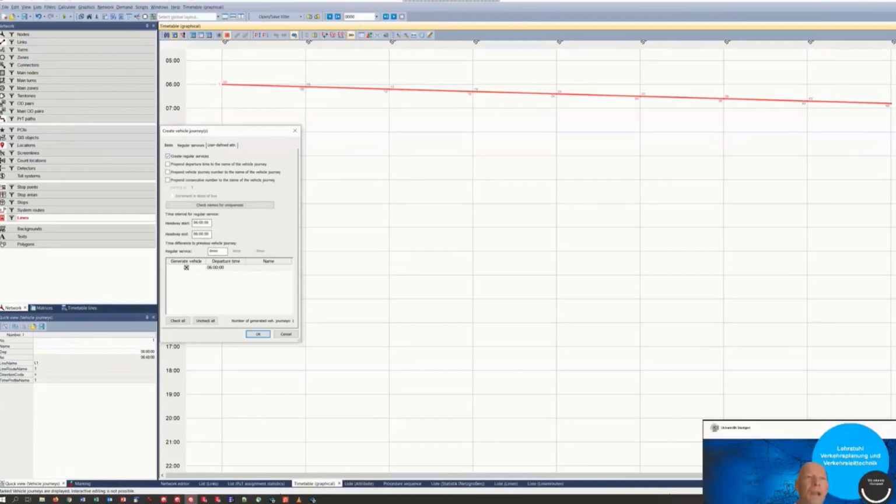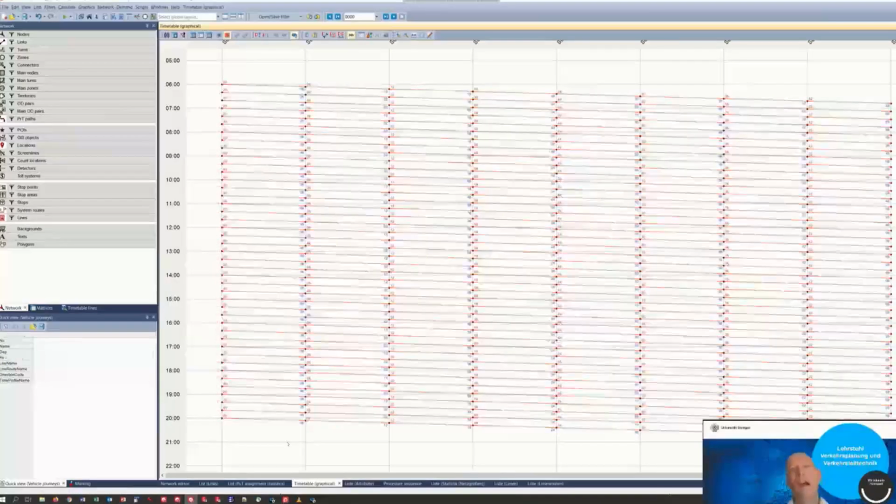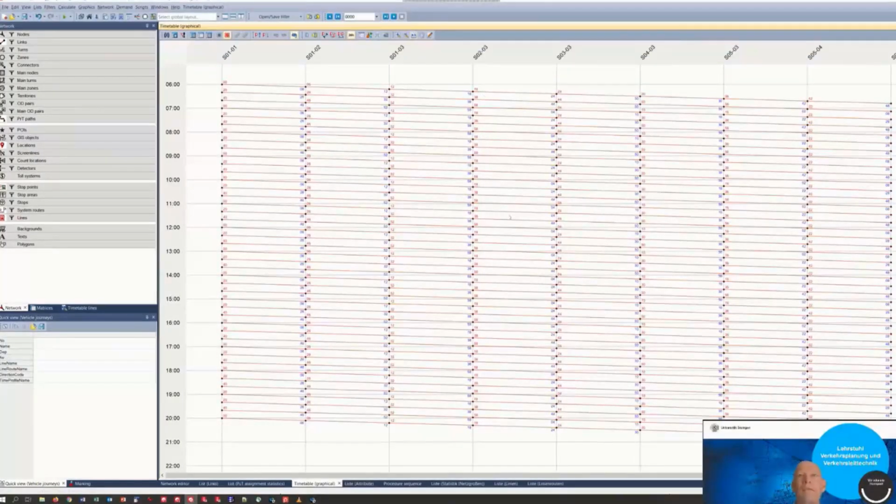So until, let's say, 8 o'clock in the evening, I want to run every 20 minutes. And here I have my timetable. This is what the timetable looks like.